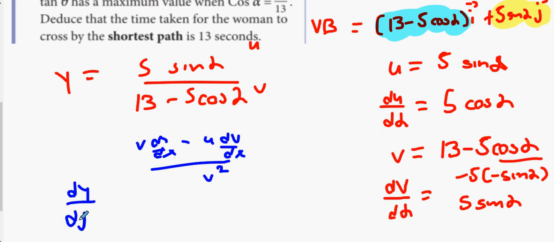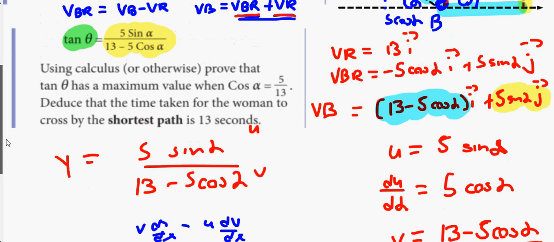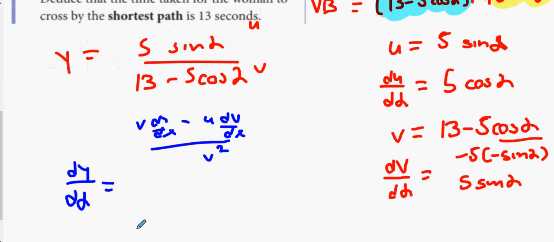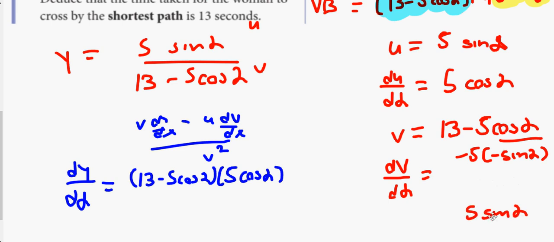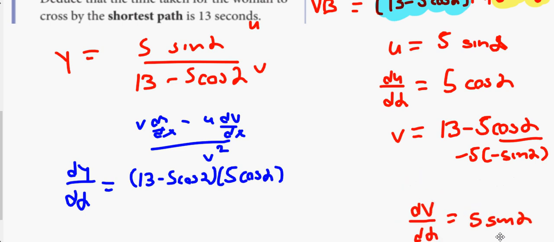So what do we do here? v is what? 13 minus 5 cos alpha. du dx is 5 cos alpha minus u times the dv dx, so it's going to be 5 sin alpha times minus 5 sin alpha.